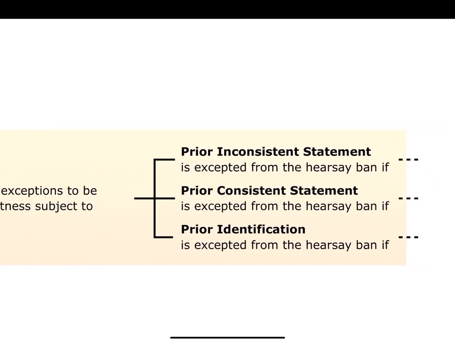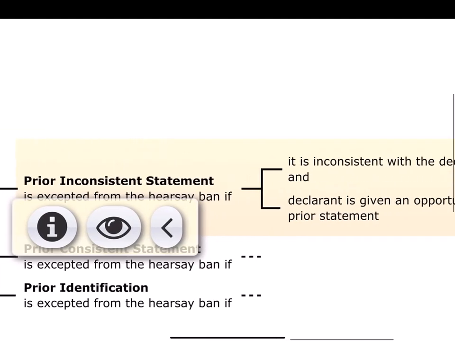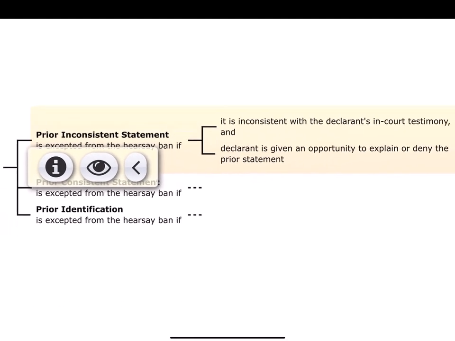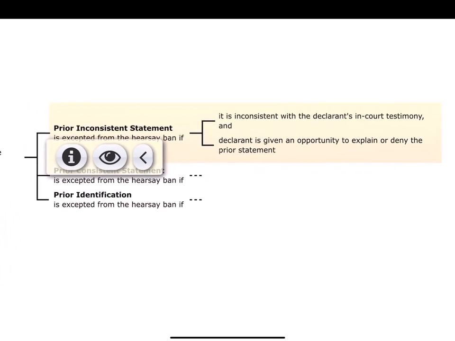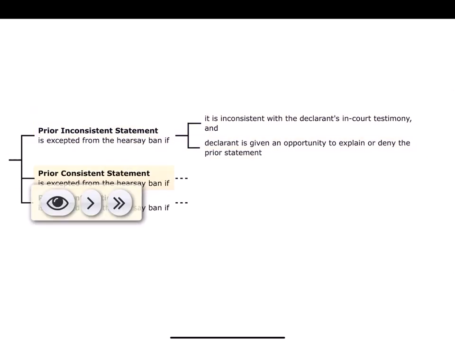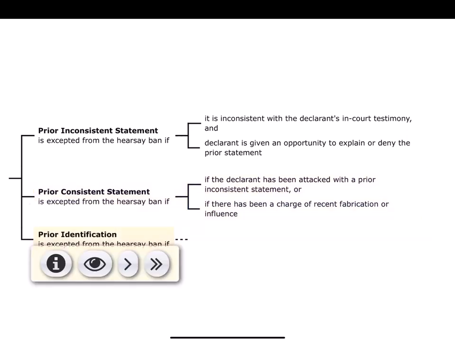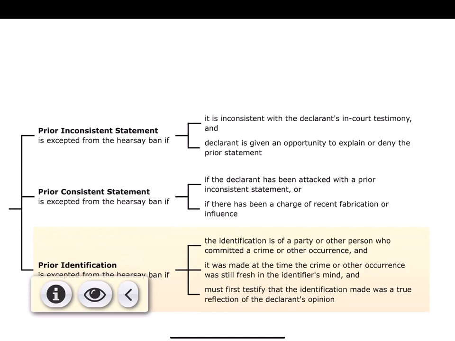It's excepted from the hearsay ban if it's inconsistent with the declarant's in-court testimony and the declarant is given an opportunity to explain or deny the prior statement. The prior statement does not have to have been under oath. That's contra to the federal rule, where for prior inconsistent statement, it has to have been made under oath.